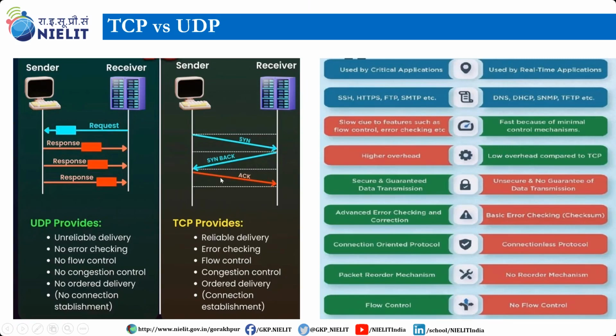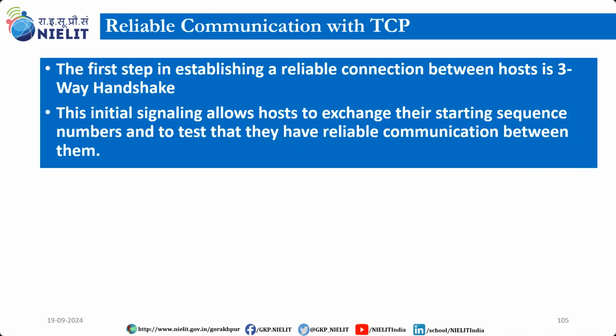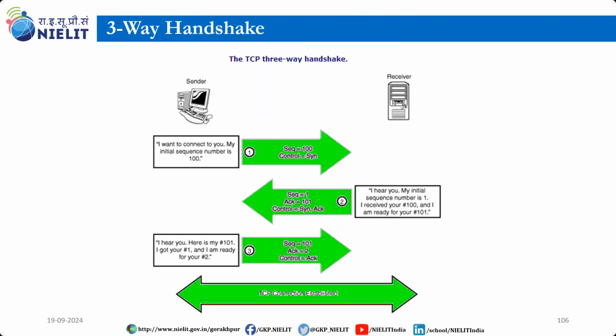So TCP offers reliable delivery, error checking, error detection and error correction mechanisms, flow control, congestion control, ordered delivery, and connections are established by sending this signal. So what happens in TCP is a special process called the three-way handshake.